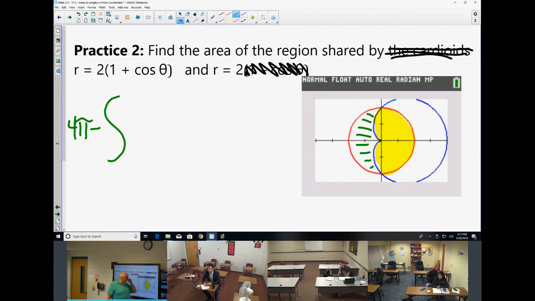So I want to integrate from pi halves to 3 pi halves. Or actually, because of symmetry, if I just found that area right there in green and then doubled it, I would get this. So instead of going from pi halves to 3 pi halves, I'm going to just go from pi halves to pi.